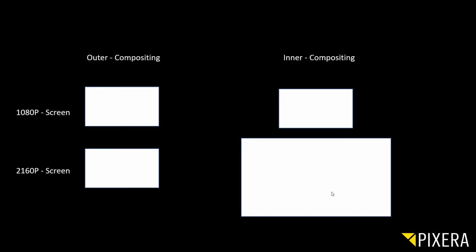Again, in auto-compositing, the physical size is the same on both screens. In the inner compositing, however, we have 4 times as many pixels to deal with than in our Full HD screen.